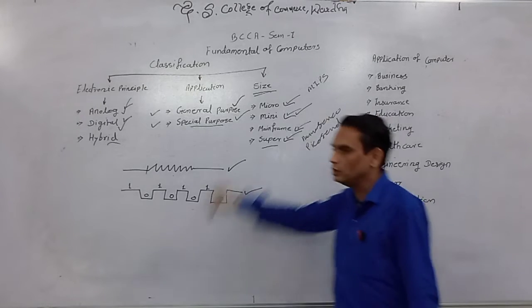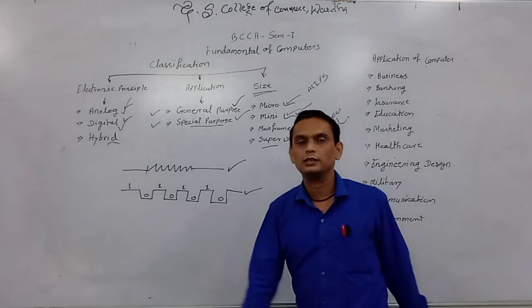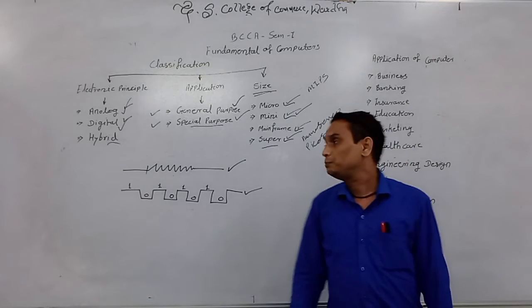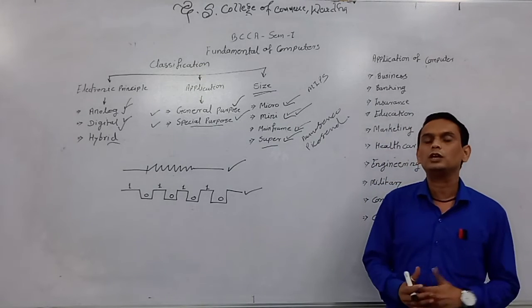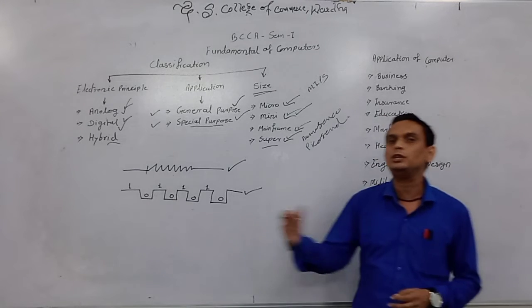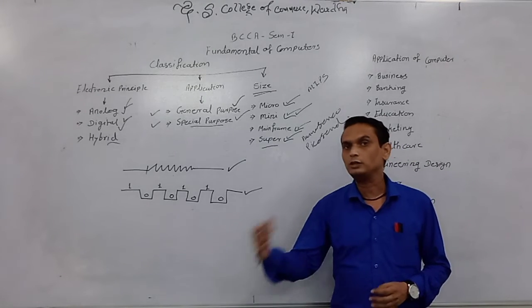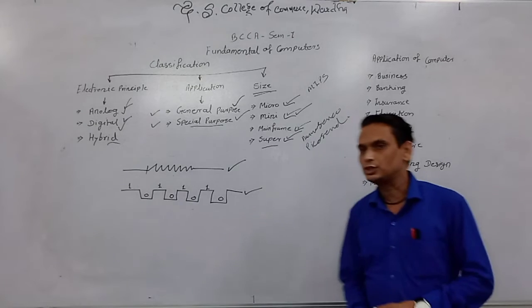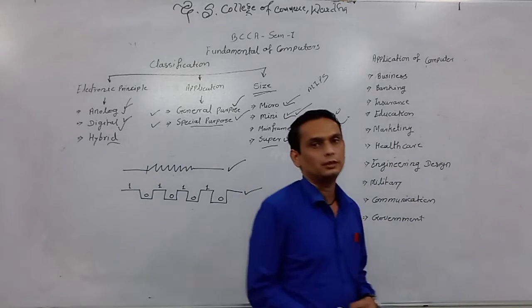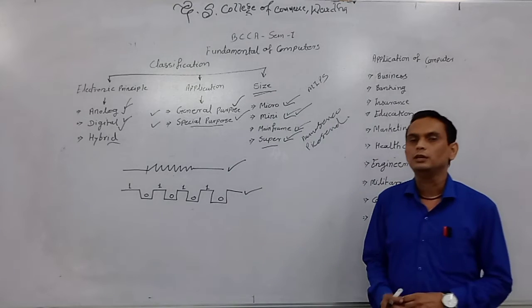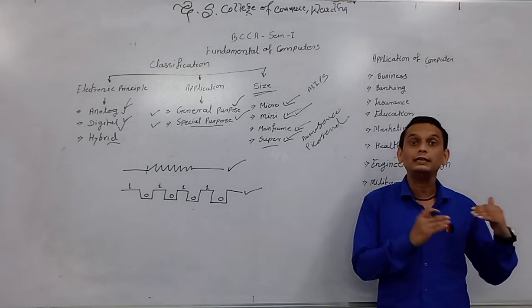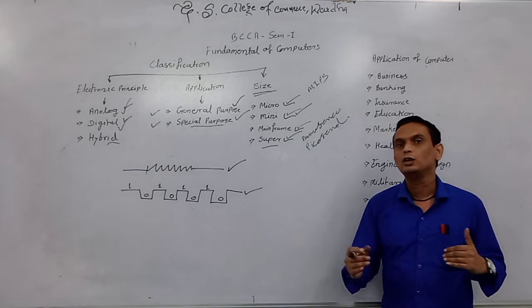The speed of a supercomputer is measured in nanoseconds or picoseconds, because in a picosecond the instructions can be manipulated and the data converted into output, which is called information. The first supercomputer developed by India is Param 10,000. That computer is our first supercomputer developed by Indians, at Pune.